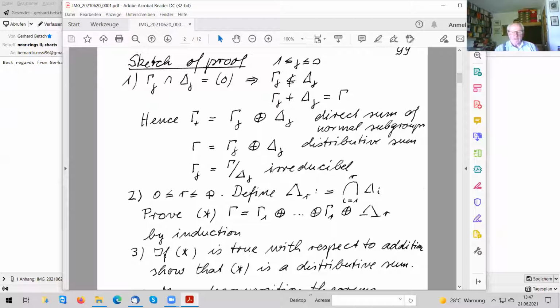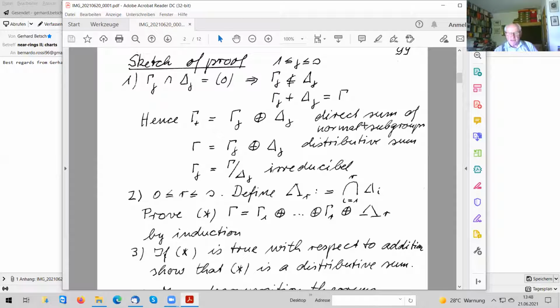We take one of the j's, then gamma j intersection with delta j is 0. This implies that gamma j is not contained in delta j, hence their sum is gamma. And since we have a 0 intersection between gamma j and delta j, we have a direct sum of normal subgroups.